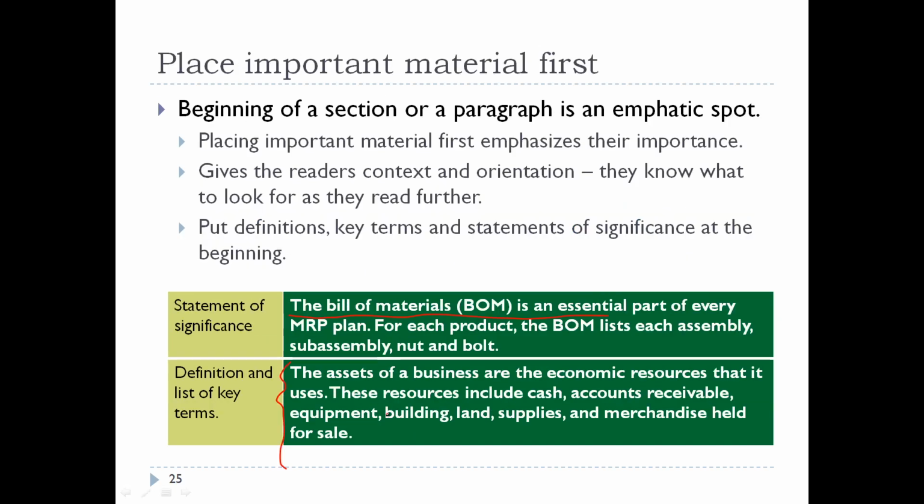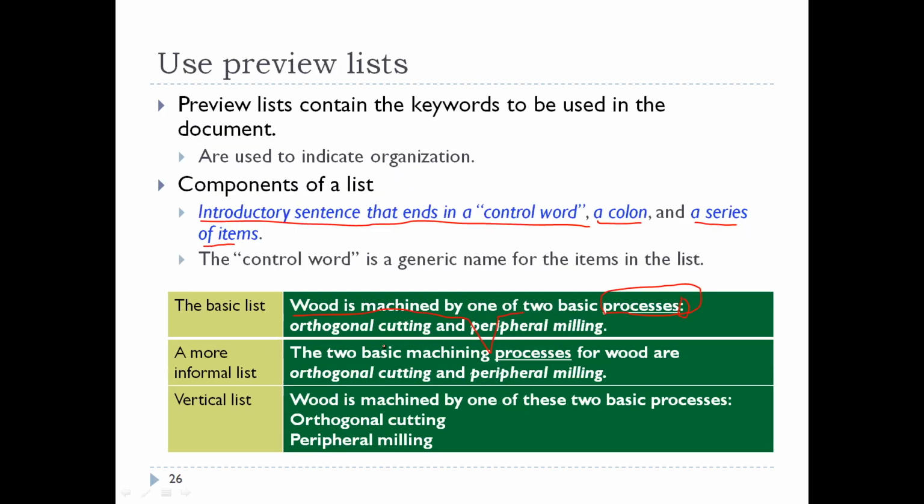So you can think of this as an informal list. And these lists are horizontal. Horizontal means the items in the list are written in a horizontal sentence. So we can have a vertical list as well. Wood is machined by one of these two basic processes, and then a colon.